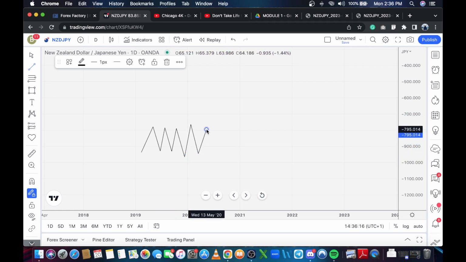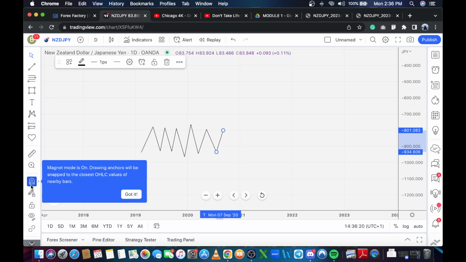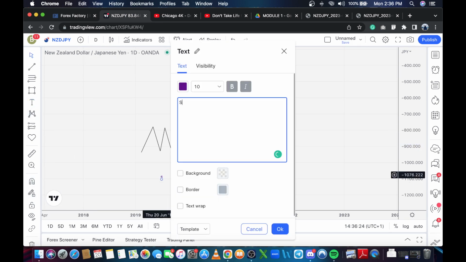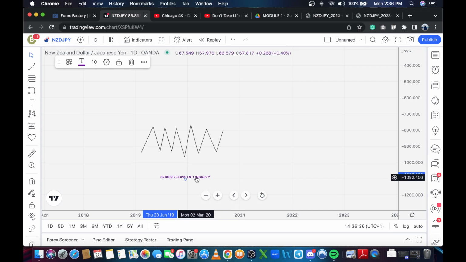This is what we'll call a liquidity base, and this is defined by stable flows of liquidity. We define this as stable flows of liquidity. That's what a liquidity base is.